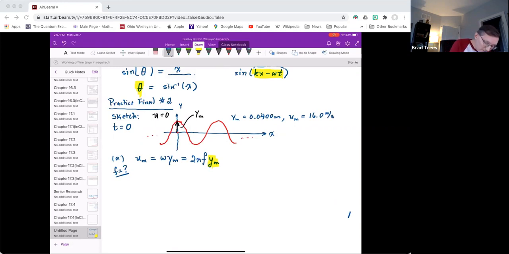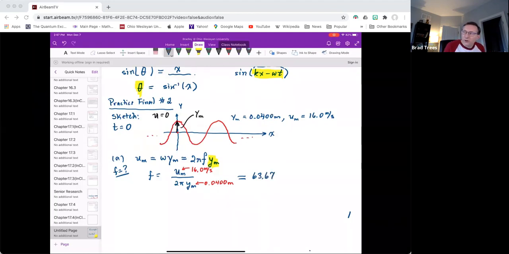So all I got to do with this formula is solve for F. F equals U max over 2 times pi times Y max. So here I put in 16 meters per second, and here I put in 0.04 meters. Make sure everything's in SI. And then I go to my calculator, and when I do that, I get 63.67.